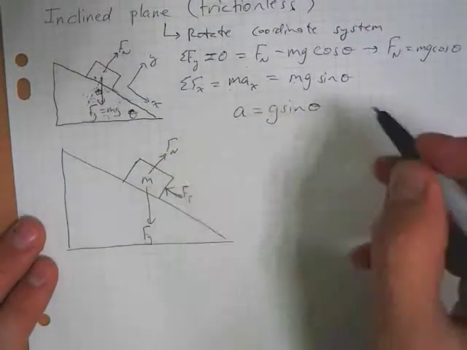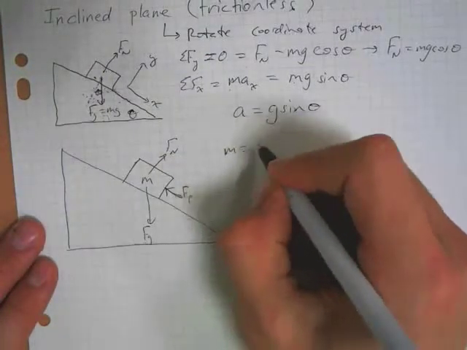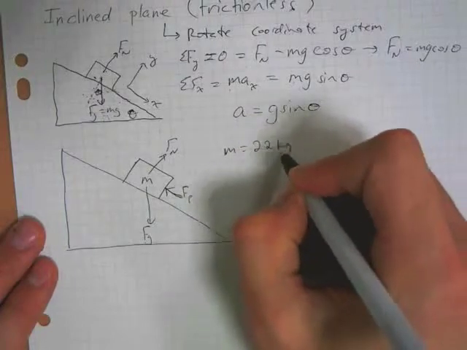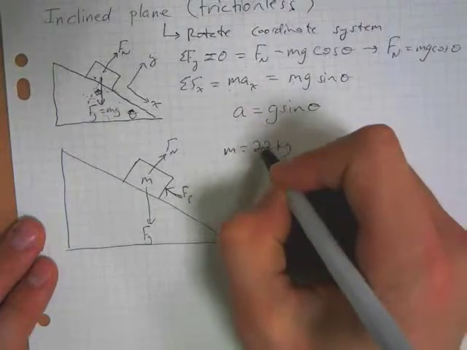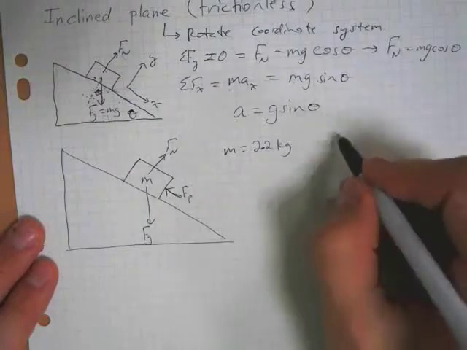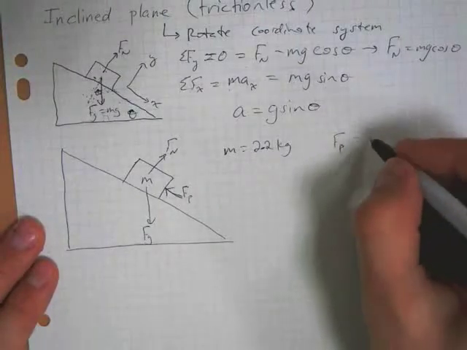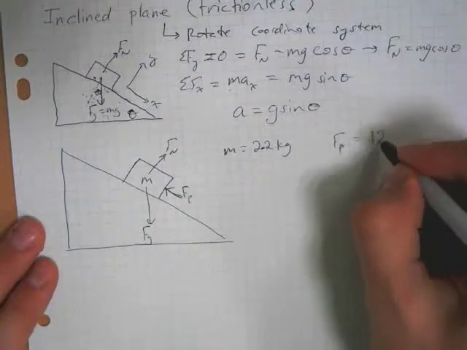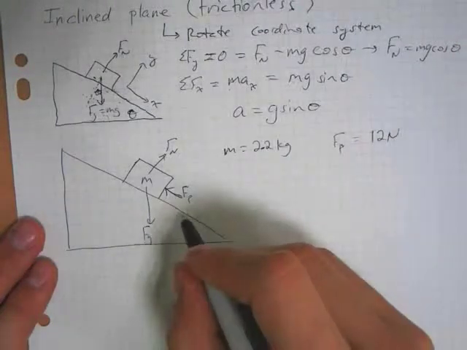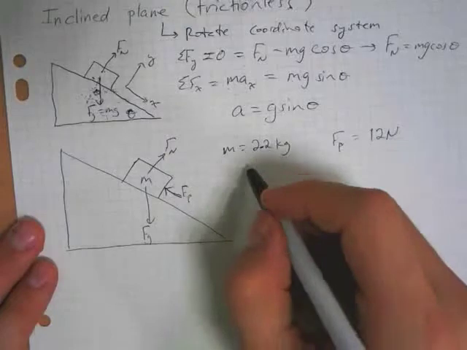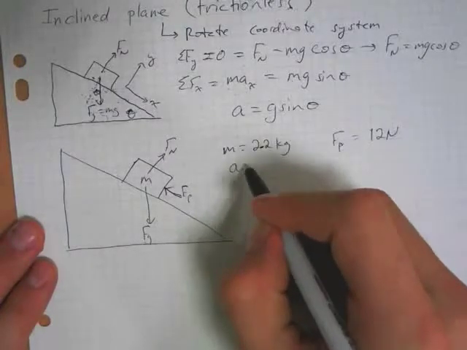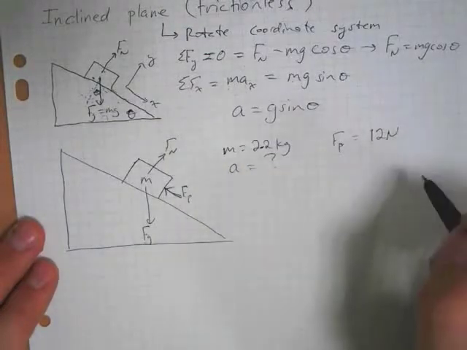Now I'm going to give you some data. Let's say the mass of this box is 22 kilograms. Actually, that's really big. 2.2 kilograms. The mass of the block is 2.2 kilograms. It's being pushed with an upward force of, I don't know, say 12 newtons. And I want to know what is the acceleration of this block.